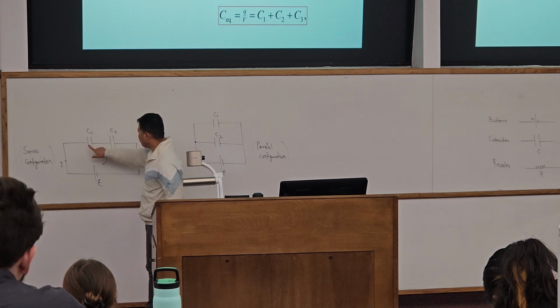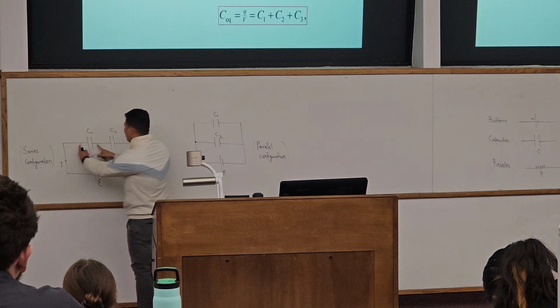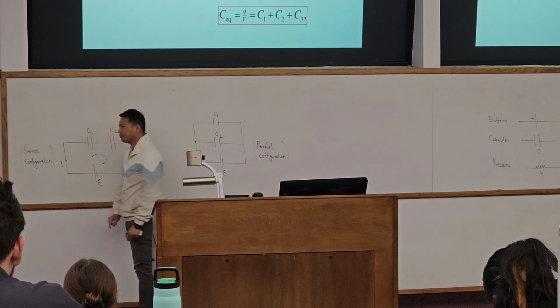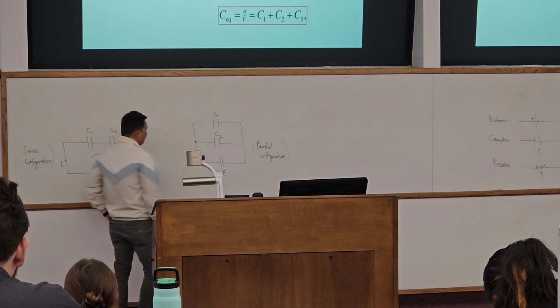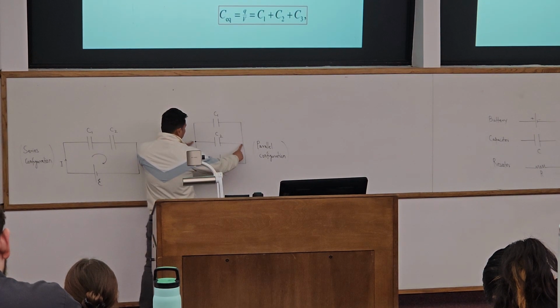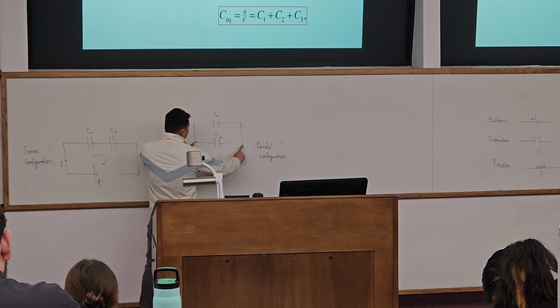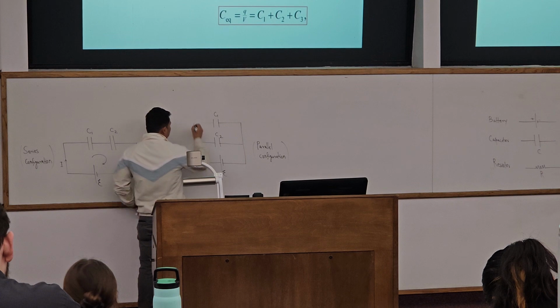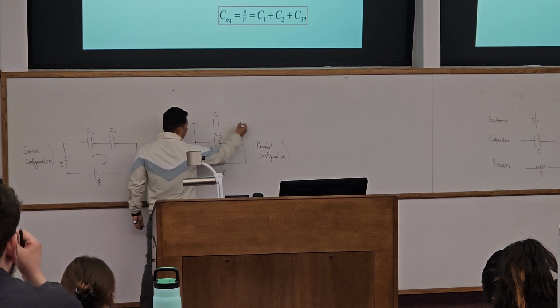Here you have two capacitors connected side by side. But here you have a battery, with the positive terminal connected like this, and it's not a side by side connection.